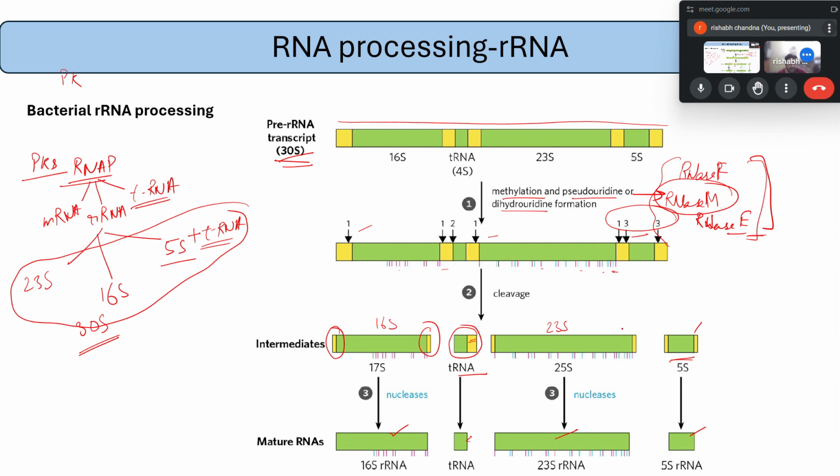So these trimmings are done by the RNase M, and the cleavage first thing is done by RNase E and RNase F. Okay, so this is the main scenario, and then we have the final thing that occurs after the cleavage of different intermediates. So this is the final mature RNA that is formed from the intermediates. Okay, so this was the thing about the prokaryotic rRNA and tRNA processing.